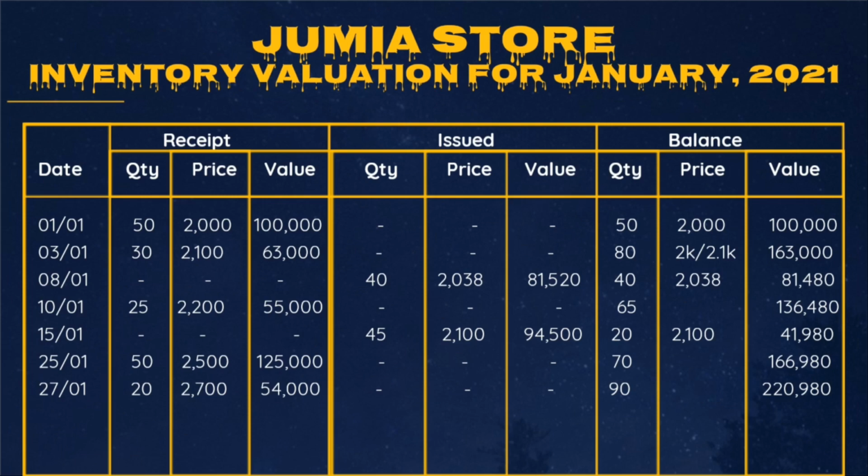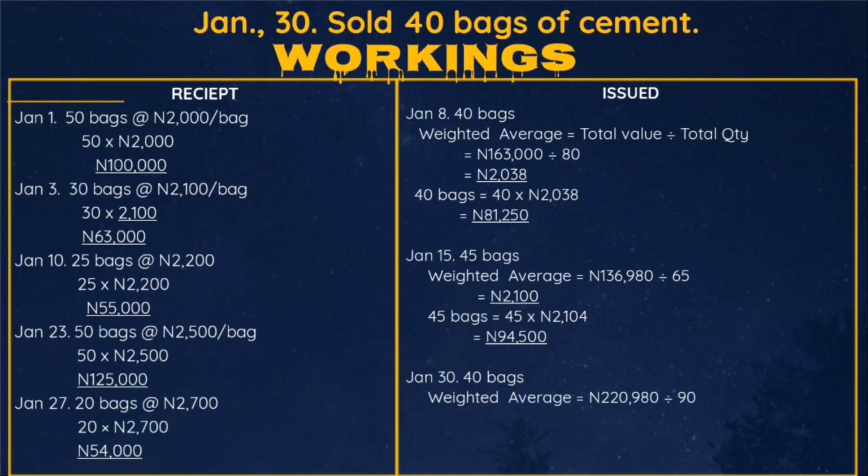So the weighted average will now be 220,980 divided by 90. If we divide that, that is going to give us 2,455. So for 40 bags of cement, that will be 40 times 2,455, and that is going to give us 98,200.